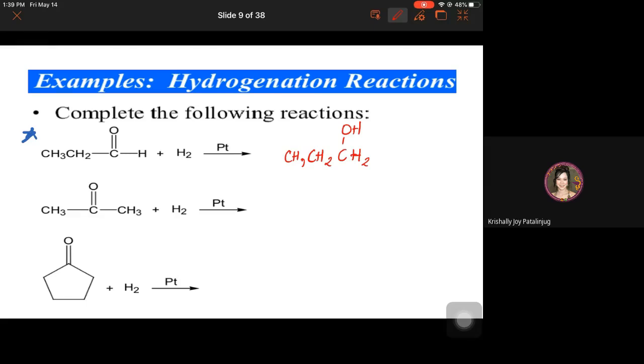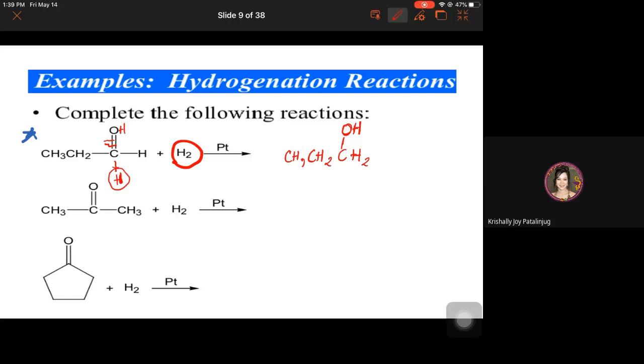Ma'am, you always condense it, so I will just condense it directly. What happened is that you added hydrogen, but before it is added, break the pi bond, then your nucleophile is added. The nucleophile being added is hydrogen gas, so H. To stabilize this oxygen, it will pick up hydrogen, so that is OH.